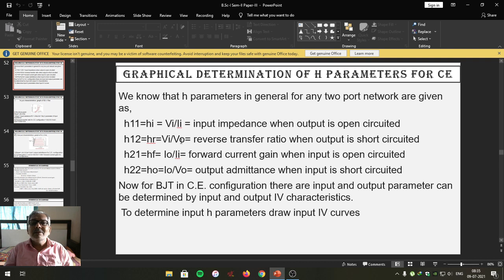It is to be treated as reverse transfer ratio when input is open circuited. Next one is H21. It is equal to Hf. Hf means forward current gain. It is a current gain, try to remember. Obviously, it is a ratio of output current Io upon input current Ii, and it is stated as forward current gain when output is short circuited.